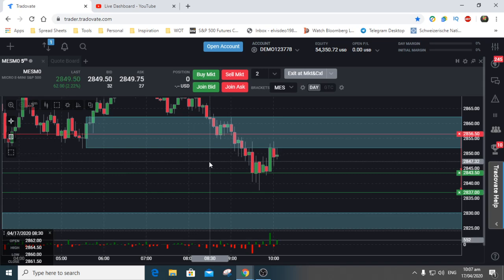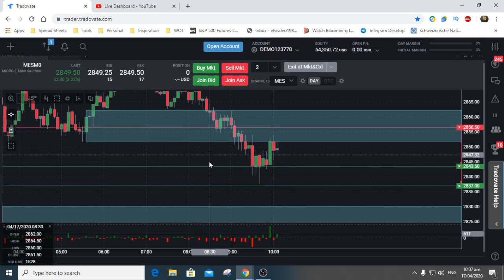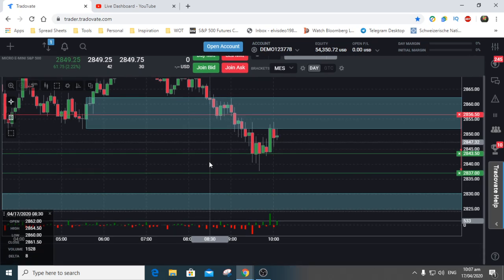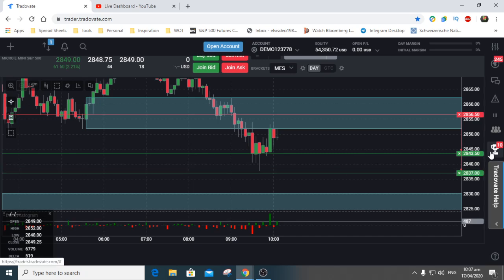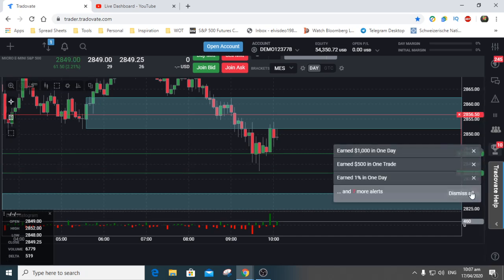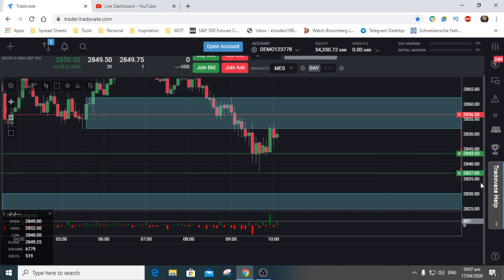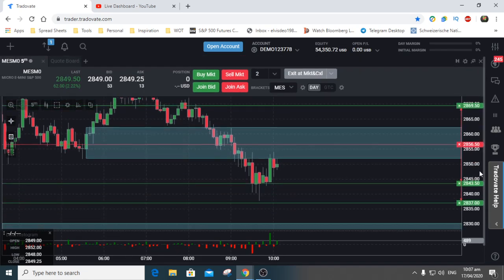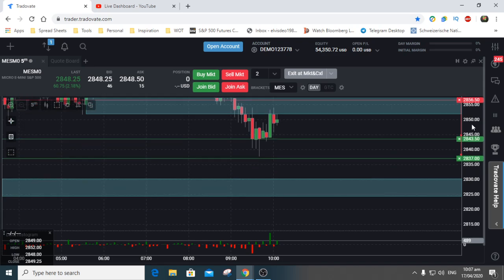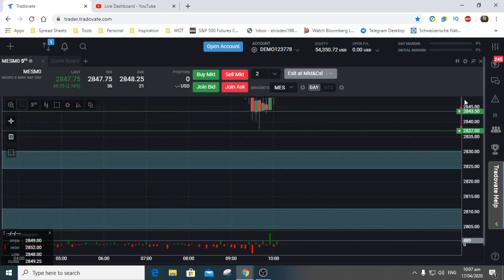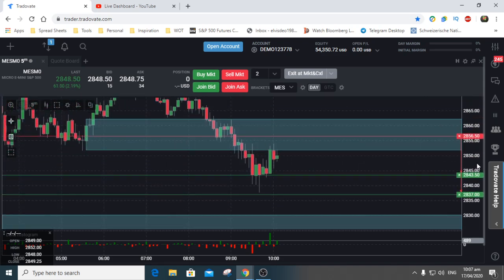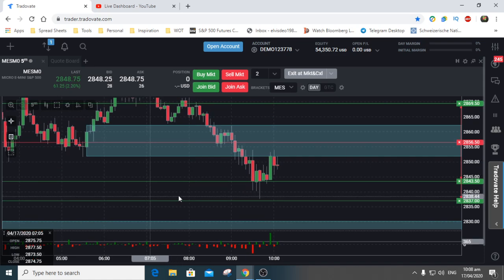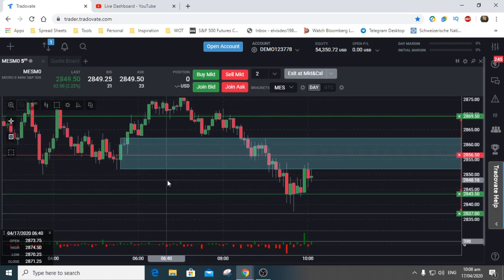We bought the 2720s a while back, and we sold the 2880s overnight on the option side.